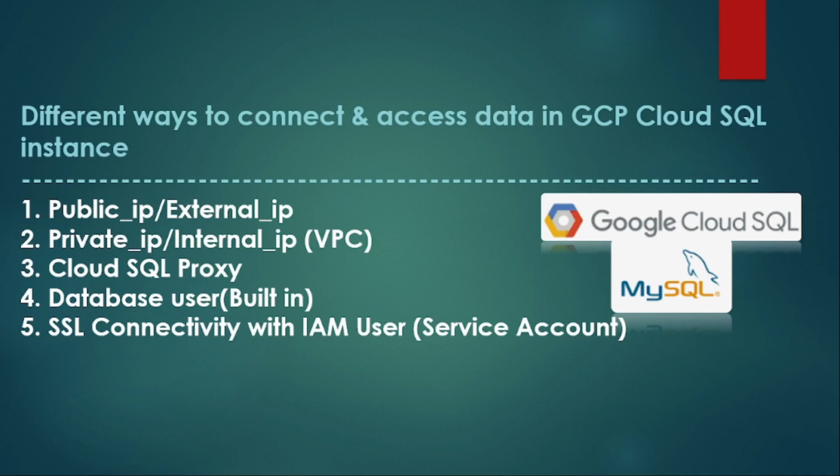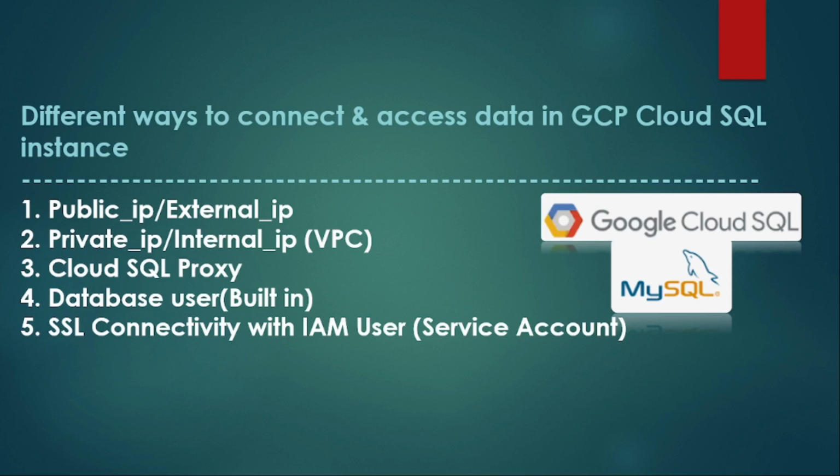The final approach is SSL connectivity with an IAM user. This is more secure for whatever operations we want to perform from external systems to access Google Cloud SQL. We can create a service account and an IAM user, and this is a programmatic approach.